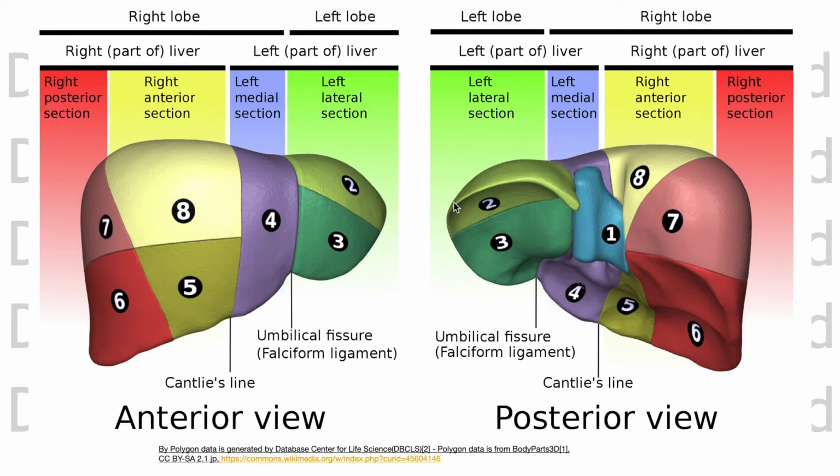See, this is a drawing to show you the segmentation of the liver, named after the branches of the artery: anterior superior, anterior inferior, posterior superior, posterior inferior. The caudate, which is medial superior, medial inferior, therefore the quadrate. Lateral superior, lateral inferior segments.